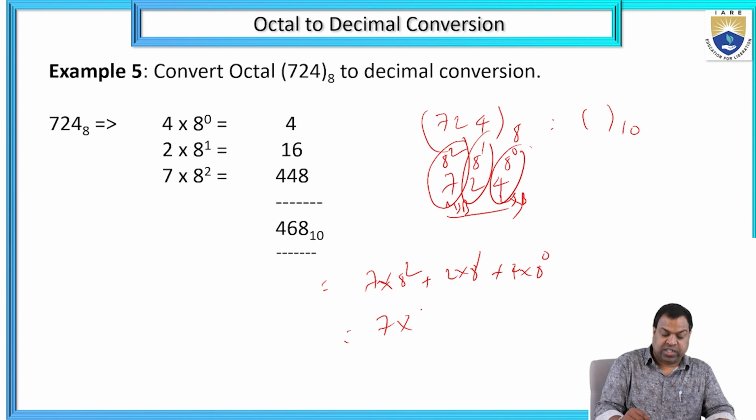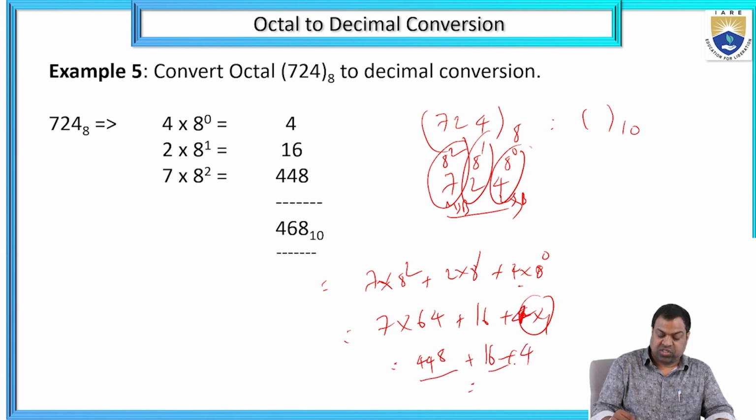So 7 into 64 is 448, plus 8 into 2 is 16, plus 4 into 1 is 4. 448 plus 16 plus 4 is 468 base 10.